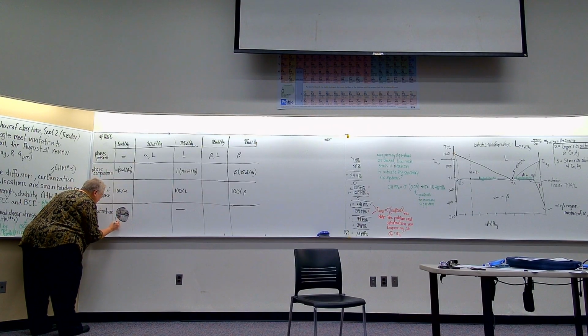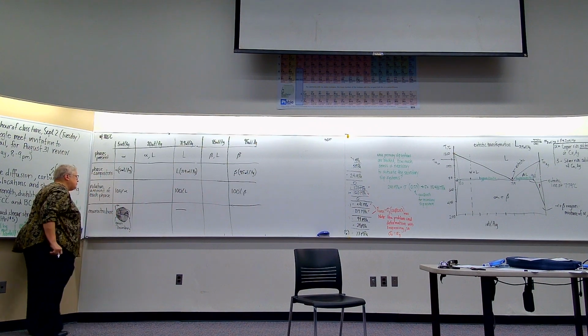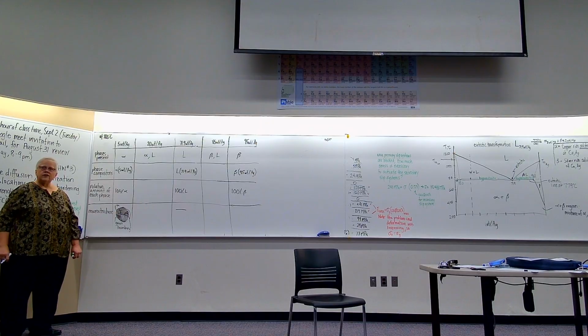So this is a grain boundary. And this is all alpha. Just grains of alpha.